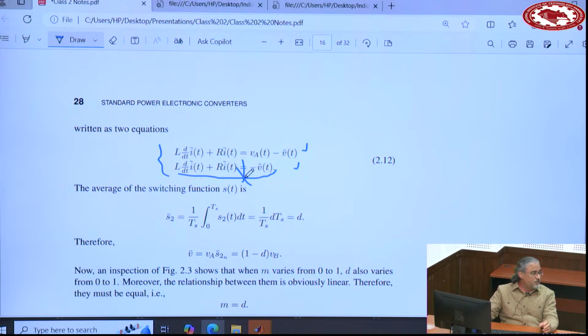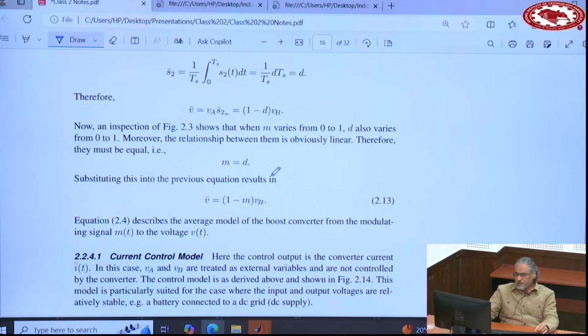For the purpose of EMI and switching operations, switching losses, those types of research, if you are working on them, you should consider that equation. But for the purpose of control and operation, power transfer, those types of things, that equation is not needed.